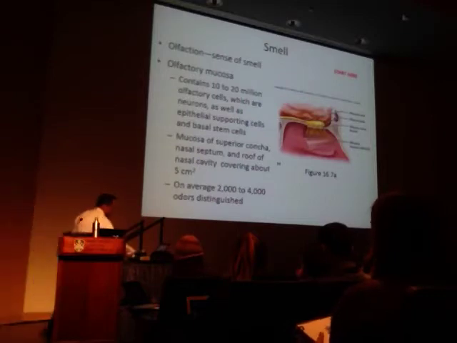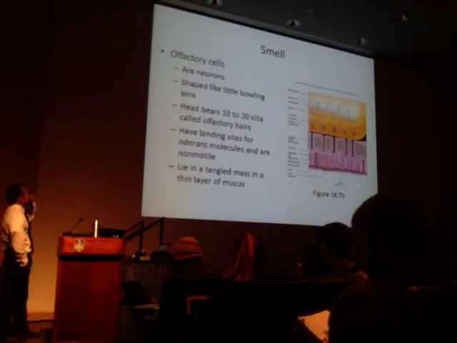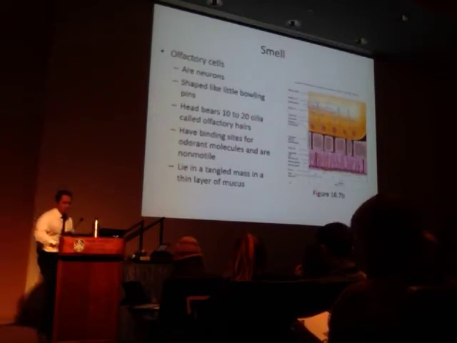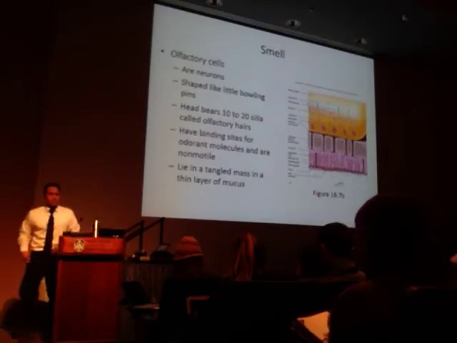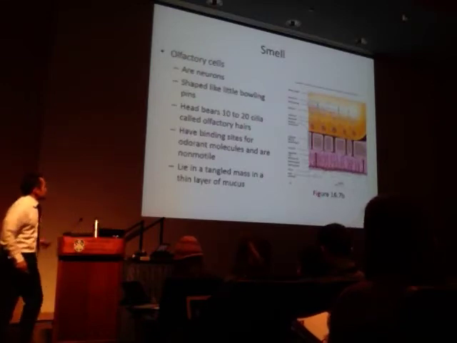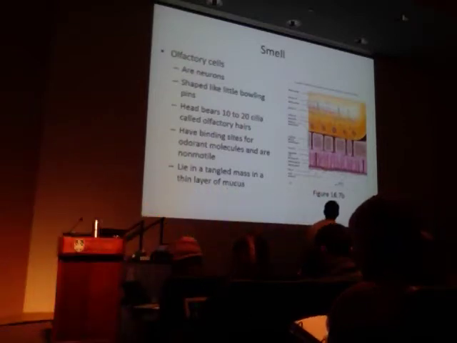All right, if we look at these olfactory cells, the cells themselves are the neurons. They look like little bowling pins. And that's what you're seeing down here, these little bowling pin-like structures that are showing up.